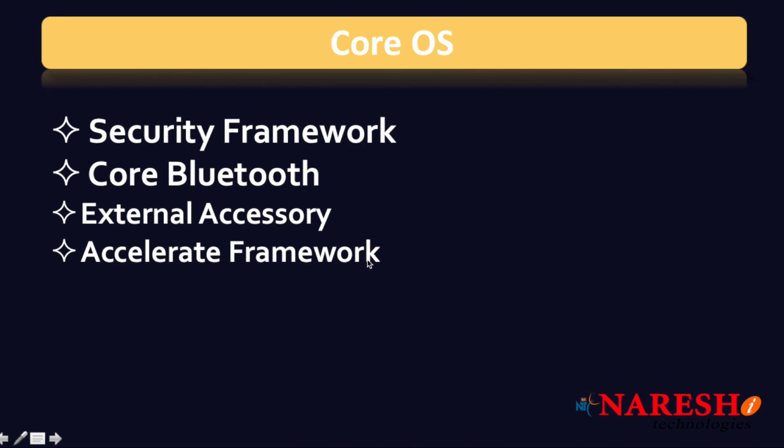Accelerate basically provides support for the orientation of the device, like the tilt and all the geolocations and GPS related. Okay. So basically it just provides some classes in order to get the device features. Okay. So that is about the Core OS.